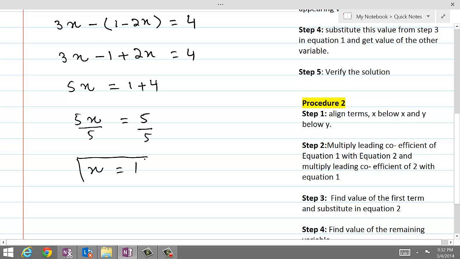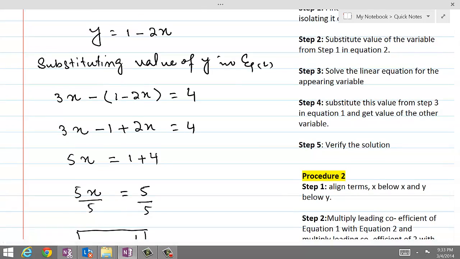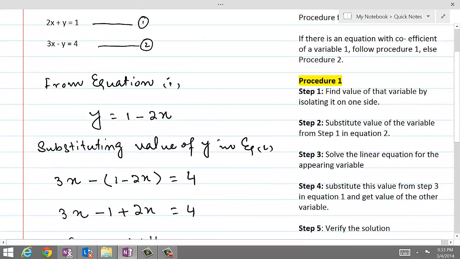So this is the abscissa of the solution. For the solution we need both x and y. We got the value of x here, and now we will substitute this value of x in equation 1.